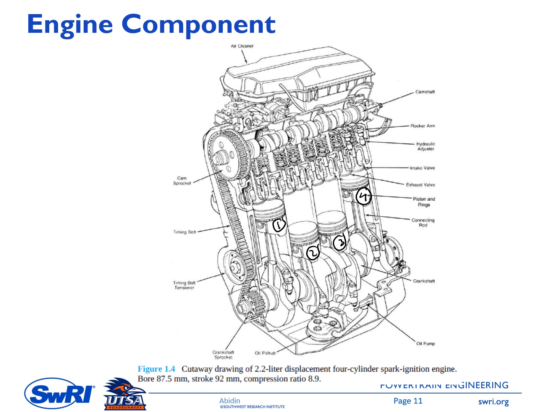So this is inline, 4 cylinder, and then we have a valve train system at the top of this chamber. So this one is the valve train system. We have a camshaft, a rocker arm, and then a hydraulic adjuster, and this is the intake valve.